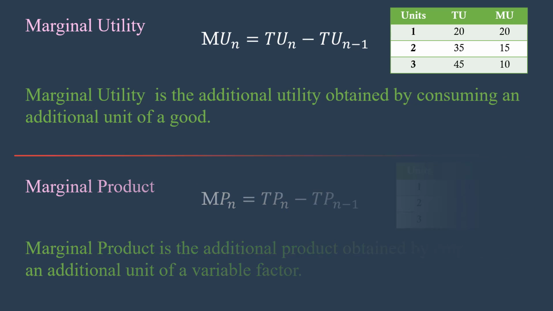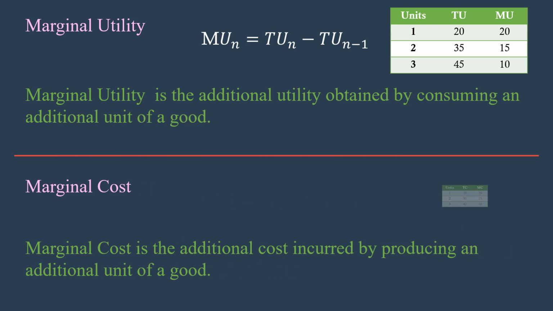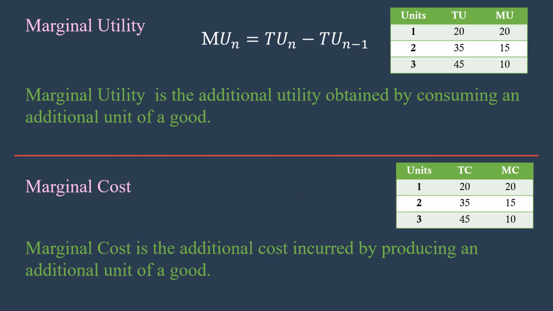We shall attempt a definition on marginal cost. I have given both the definitions. Marginal utility is the additional utility obtained by consuming an additional unit of a good. Marginal cost is the additional cost incurred by producing an additional unit of a good.